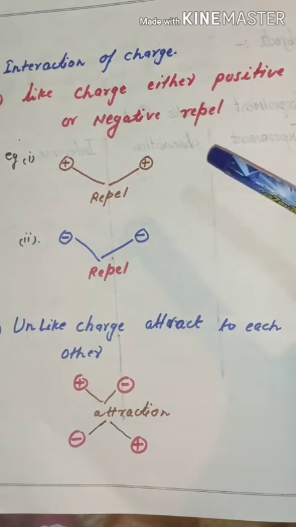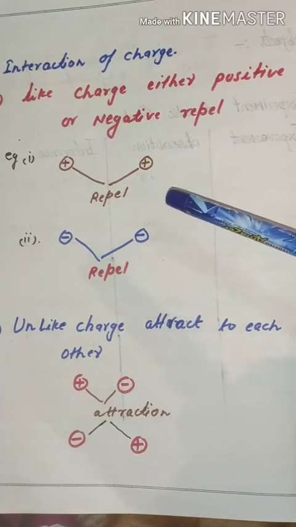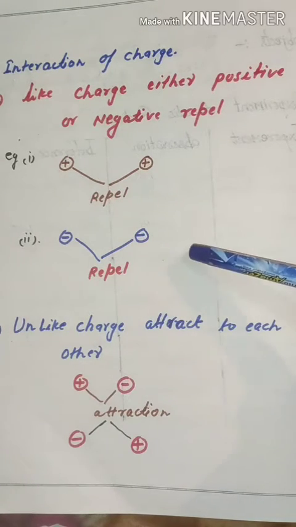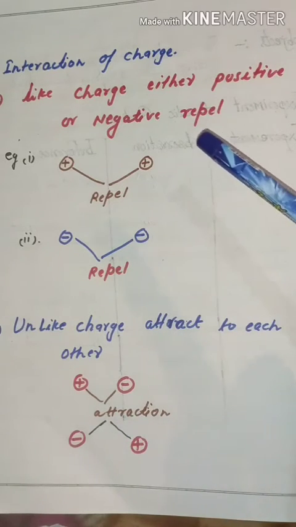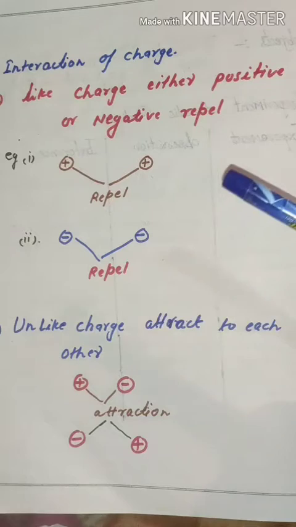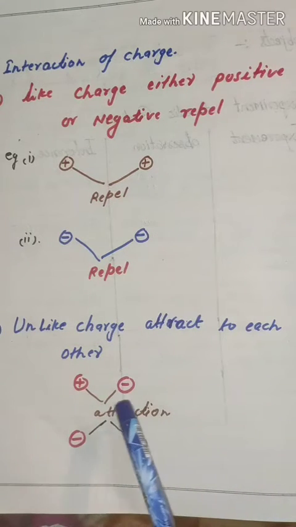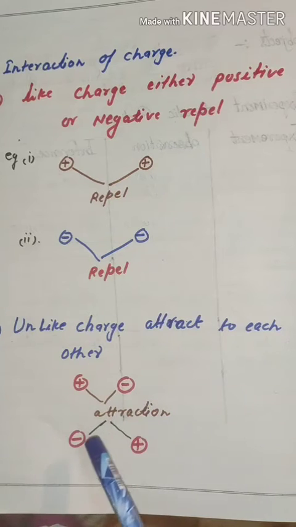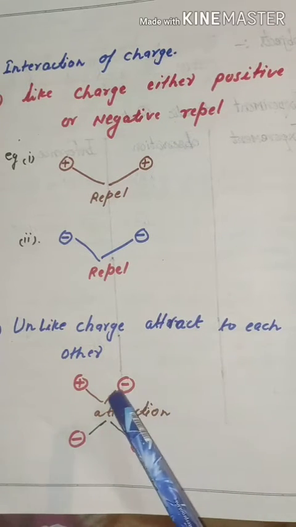And if you have unlike charges, such as one positive and the other negative, they will attract each other. It means unlike charges attract each other.